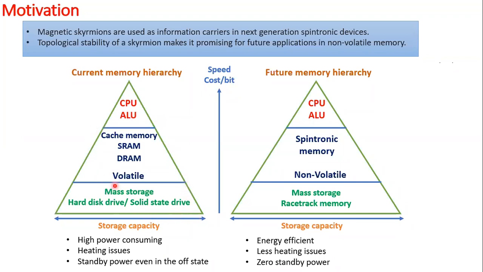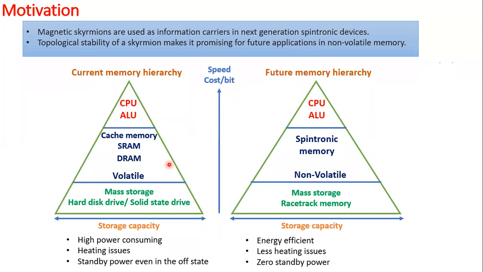In the middle we have the random access memory family, the SRAM and DRAM, and these are volatile. Now SRAM uses flip-flops and DRAM uses a capacitor and transistor. When the capacitor is fully charged, it is called 1, and when the capacitor is fully discharged, it is called 0. These are the bits, and they are maintained by the transistor.